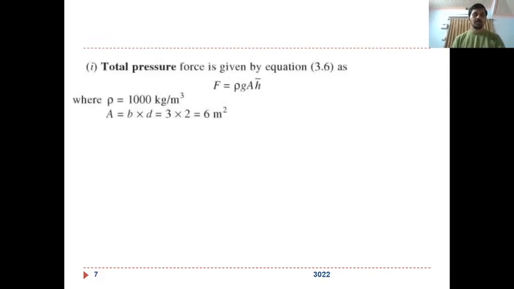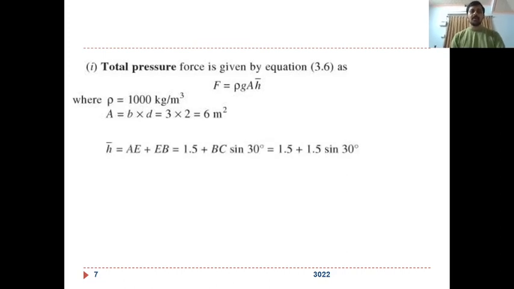To find out EB, you can use the trigonometric relation. You must have known what is sine theta, cos theta, tan theta, etc. So AE is 1.5 meter. Now sin theta, or sin 30, is equal to EB by BC. So EB equals BC into sin theta.